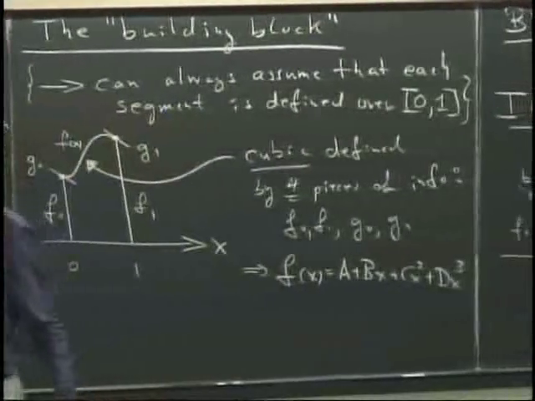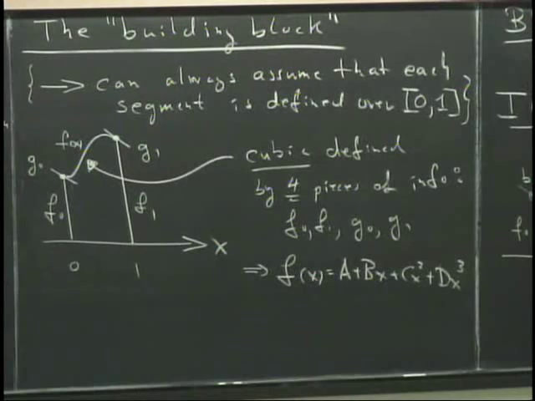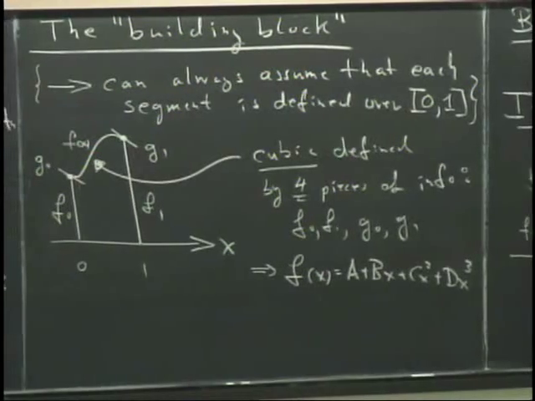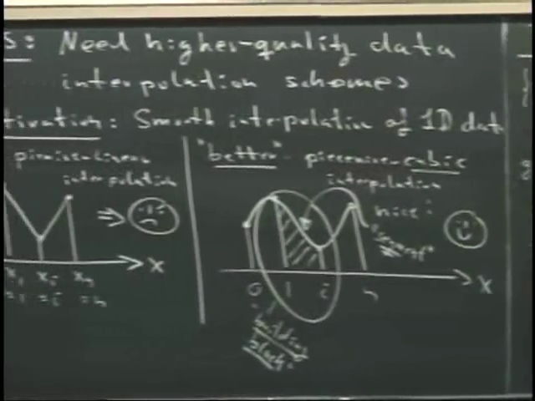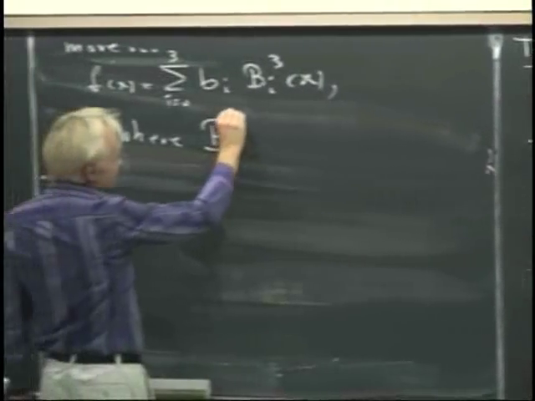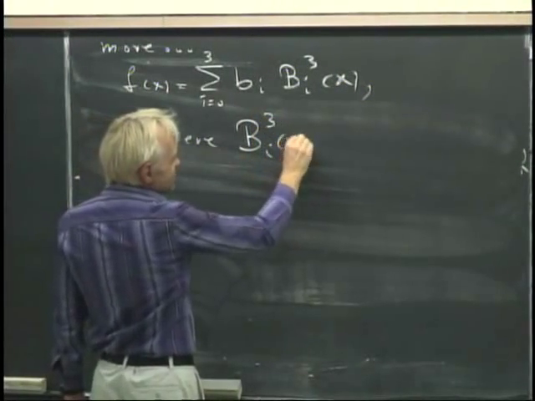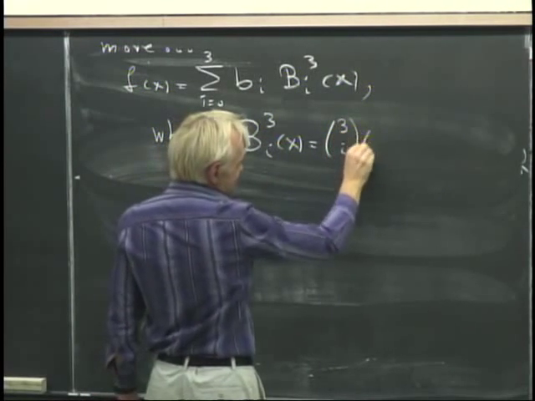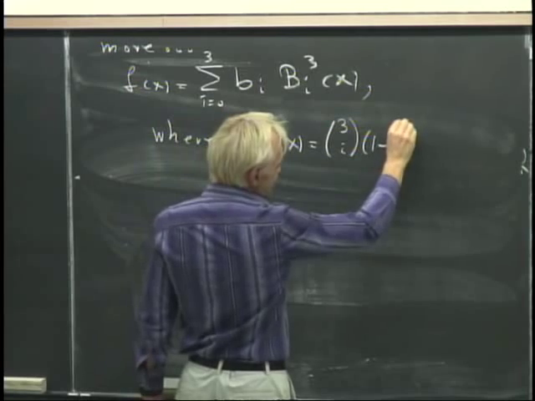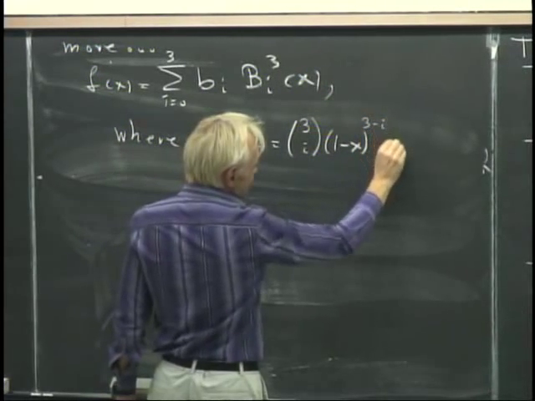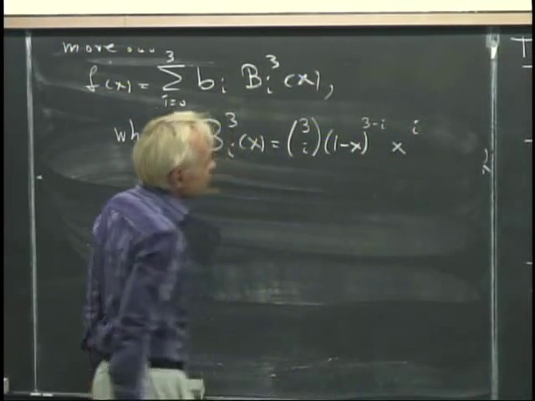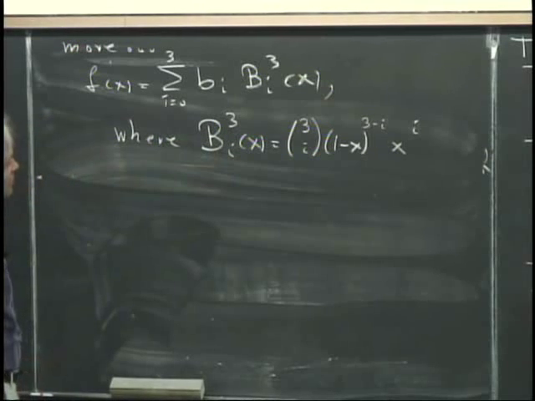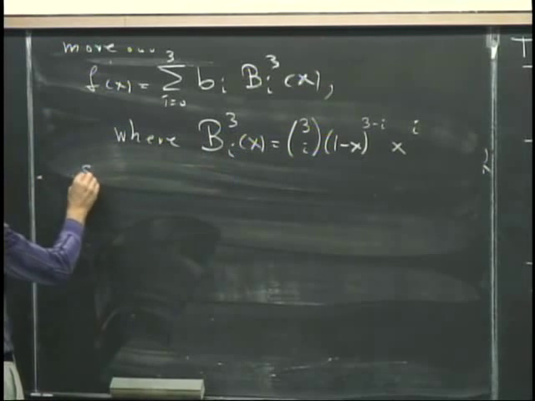These capital B functions are different. And I have to tell you what they are, where these Bernstein functions, bi3 of x, are defined as 3 choose i times (1 minus x) to the power of 3 minus i times x to the power of i. Okay, and we need specific ones.